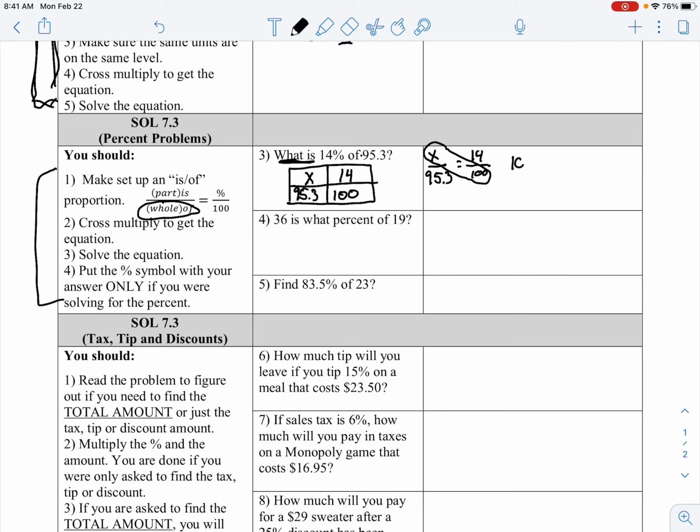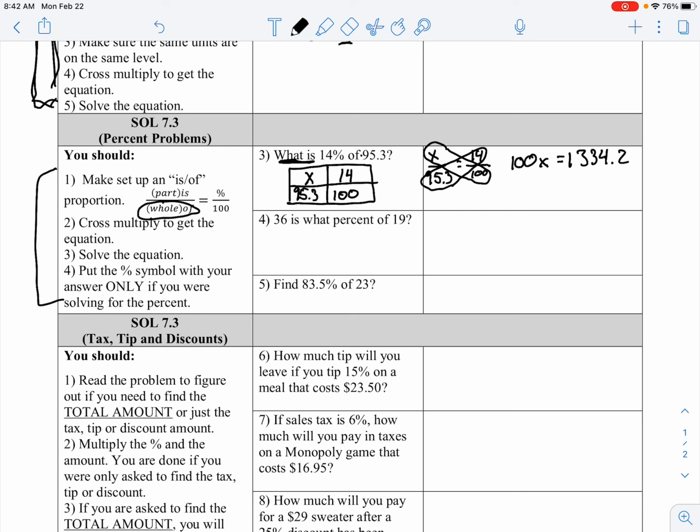So 100 times x is just 100x is equal to 95.3 times 14, going to give us 1,334.2.